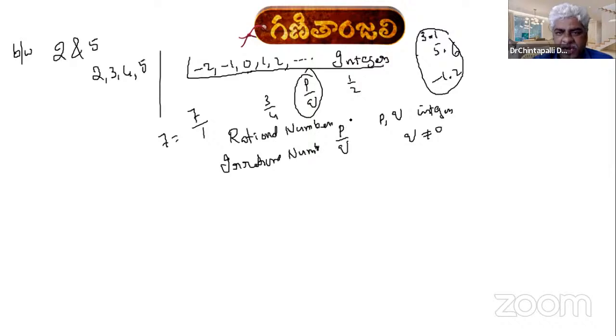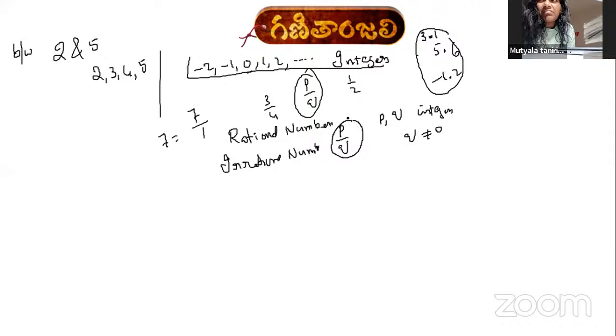A number which cannot be expressed in the form of p by q. Do you know there are some numbers which cannot be expressed in the form of p by q? Can you give an example? √2, sir. √2, very good.